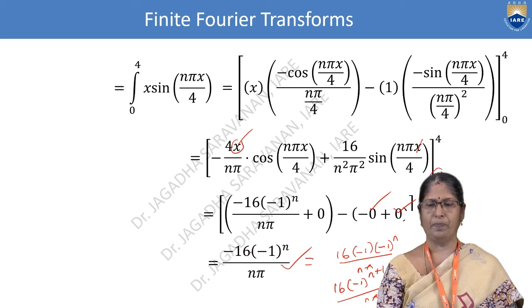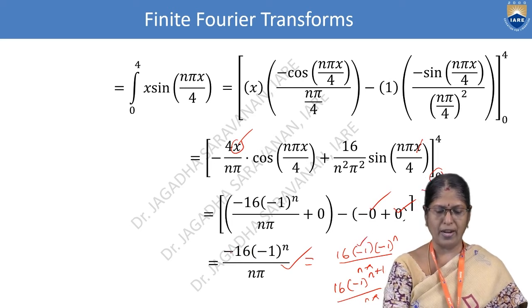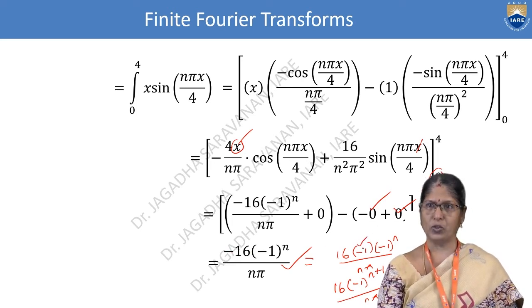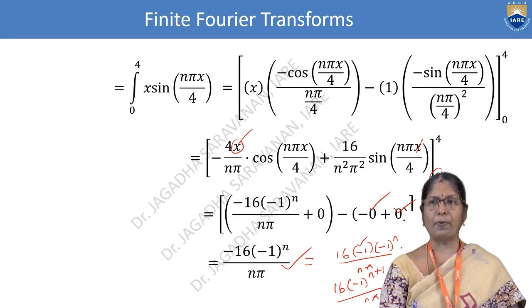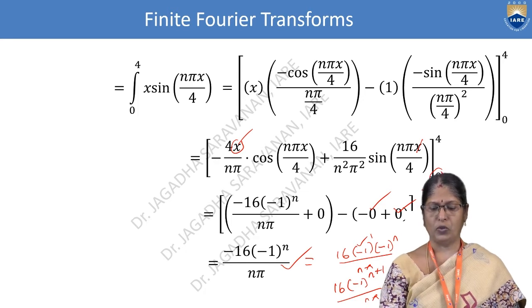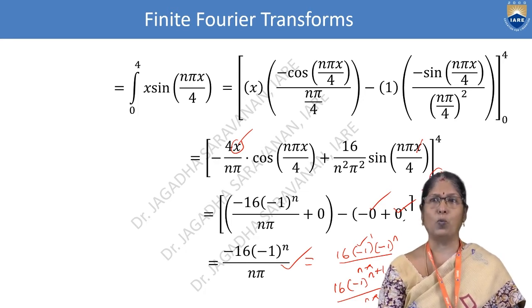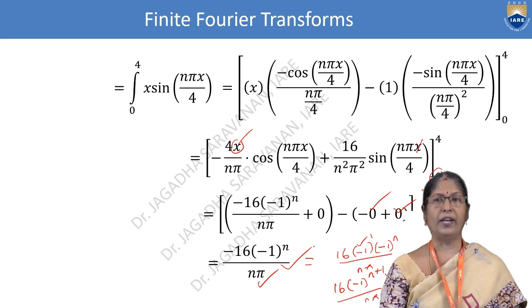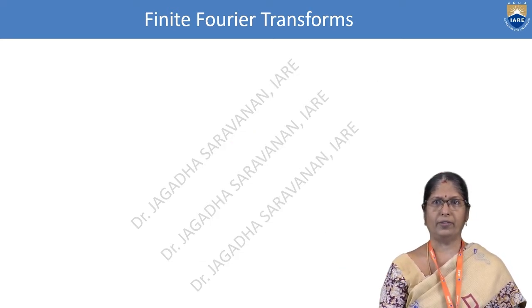It is correct. The minus is written as minus 1, and we applied the exponential law: minus 1 power 1 times minus 1 power n, so 1 and n we added, and it has become n plus 1. The denominator n pi is written as it is.